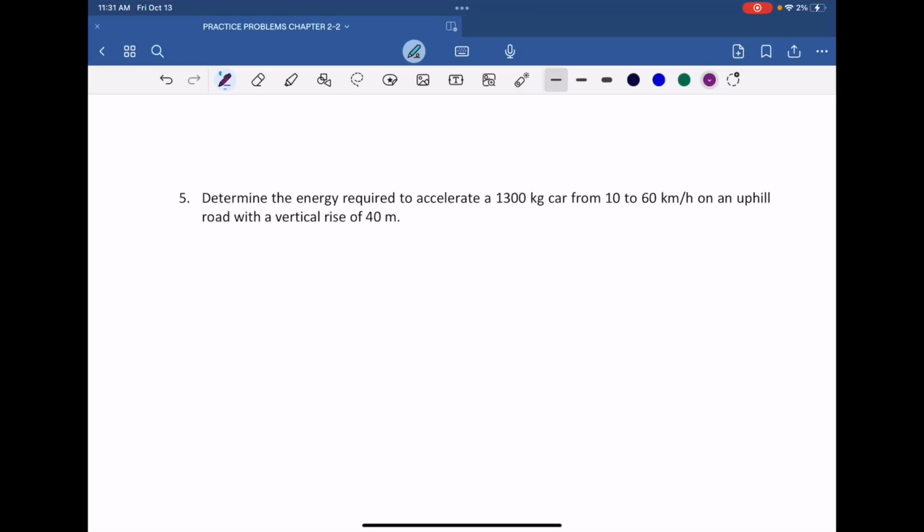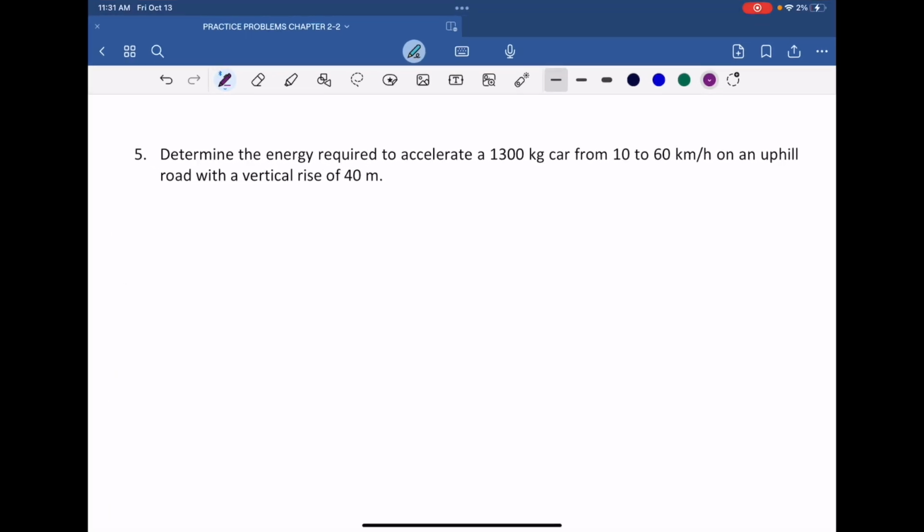Determine the energy required to accelerate a 1300 kilogram car from 10 to 60 kilometer per hour on an uphill road with a vertical rise of 40 meters. So in this case, looking at the question statement, I can see that kinetic energy is changed because the velocity is increased from 10 to 60 kilometer per hour, and also the potential energy has changed vertically.